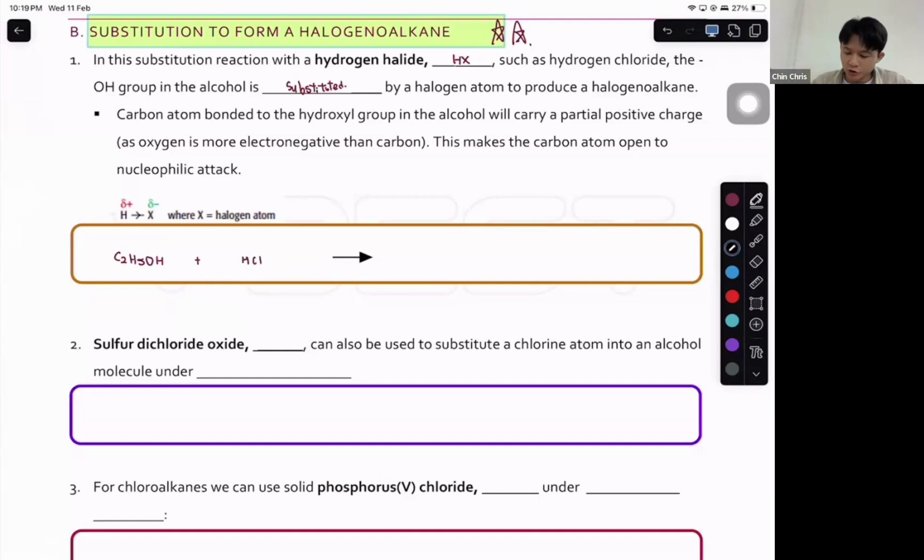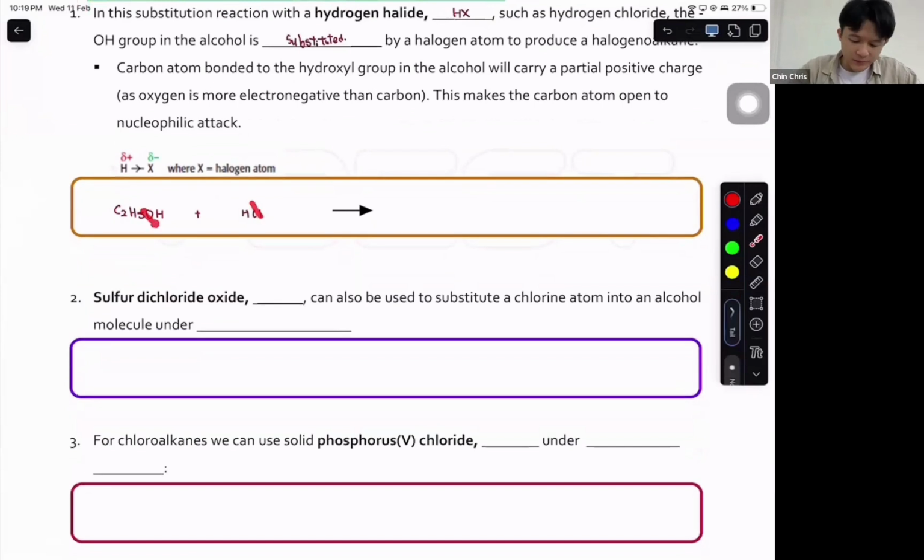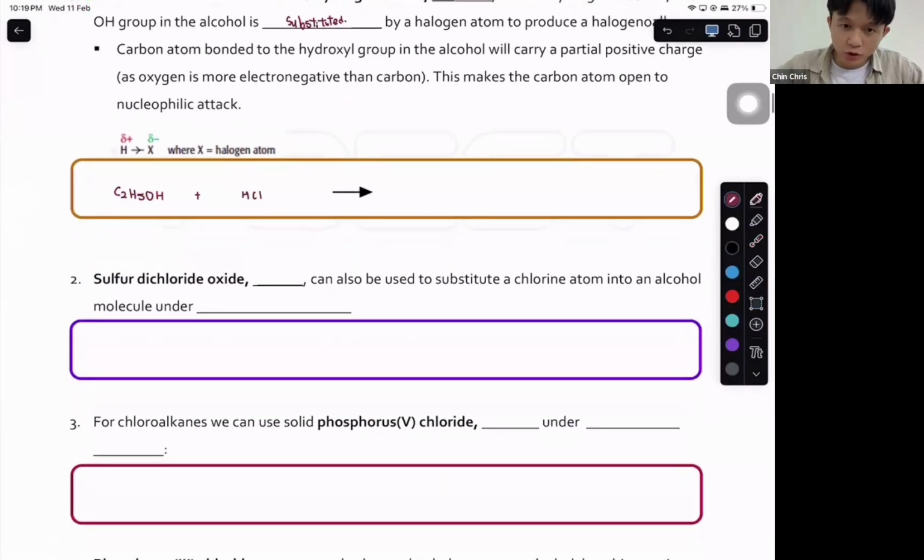Alright guys, so the Cl will be substituted into your alcohol. You are getting a C2H5Cl.